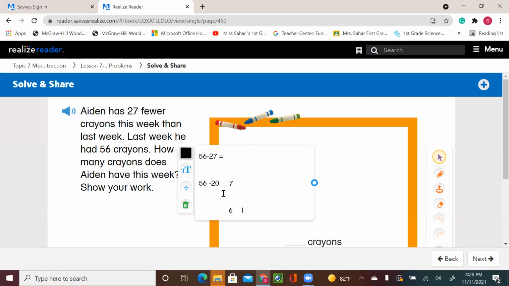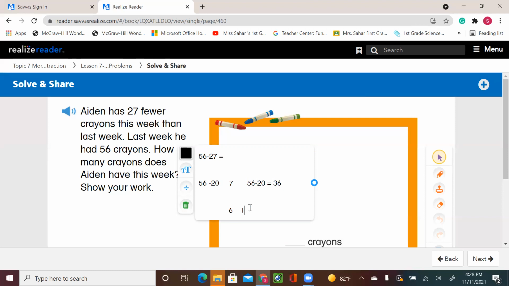All right, so let me see. Now, 56 minus 20, I'm going to put it here. So I'm going to say 56 minus 20 equals, very good, 36.